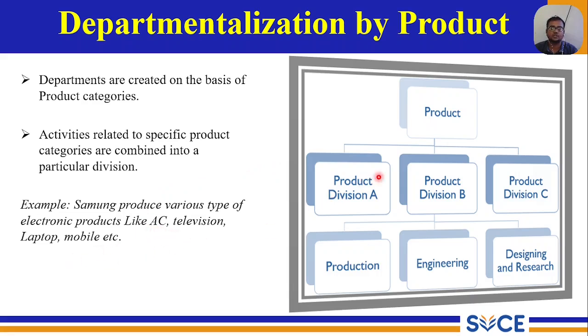That is how you categorize them. That is departmentalization by product, where for each product you will have its own production department, engineering department, and research department. If there are three different products from a company, you will have three different segmentations under each of those products.